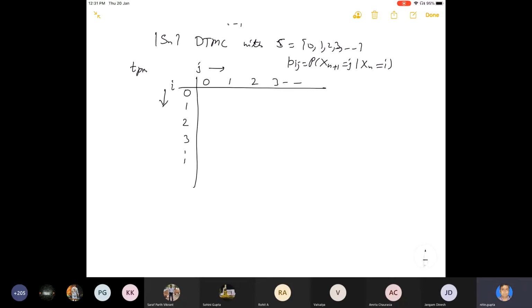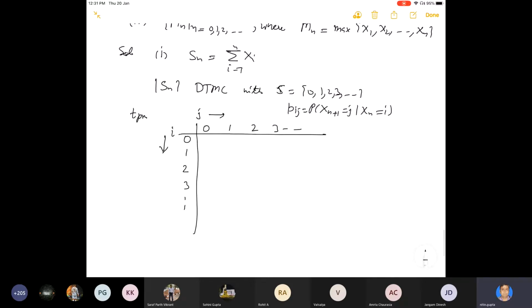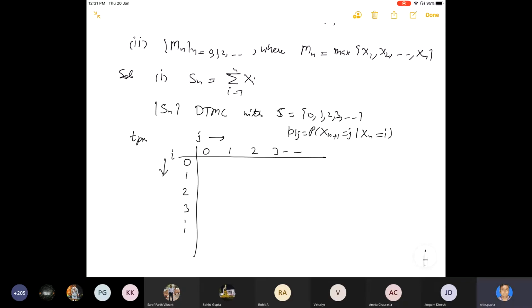So P00 means the summation is 0 and in the next step the summation will remain 0.